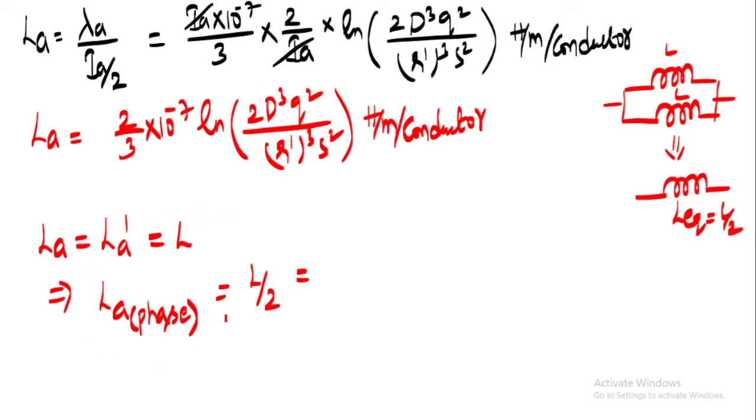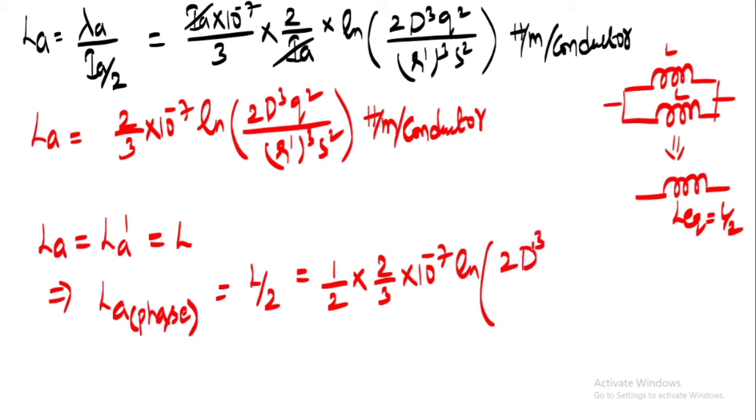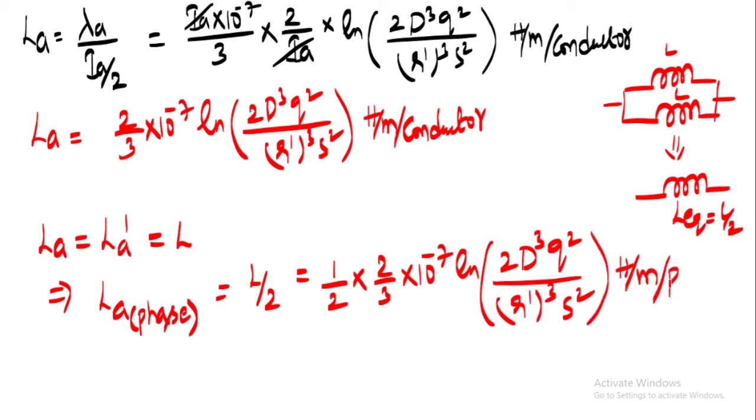Now LA phase is equal to L by 2 and it is given by 1 by 2, I am writing separately, into 2 by 3 into 10 power minus 7 into ln of 2 d cube q square divided with r dash whole cube s square Henry per meter per phase.